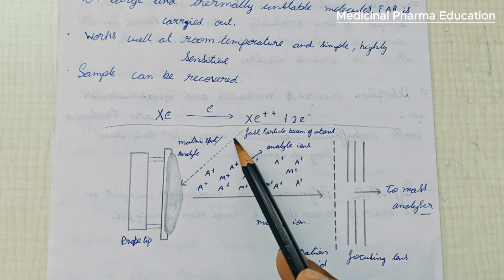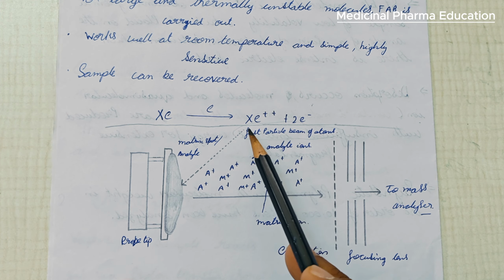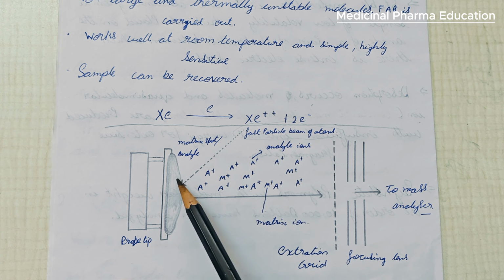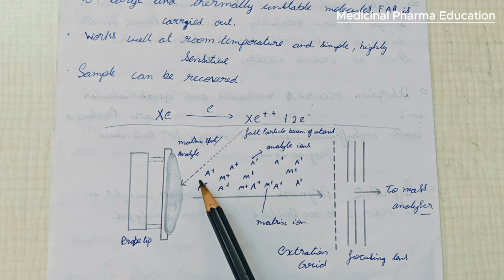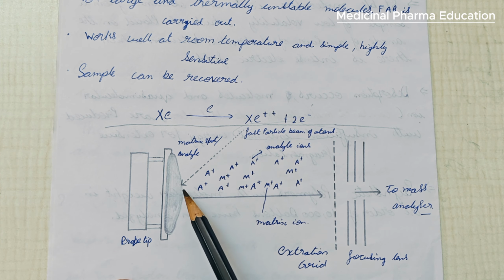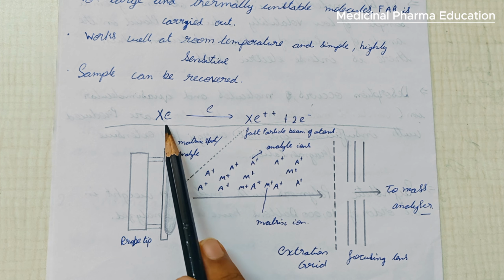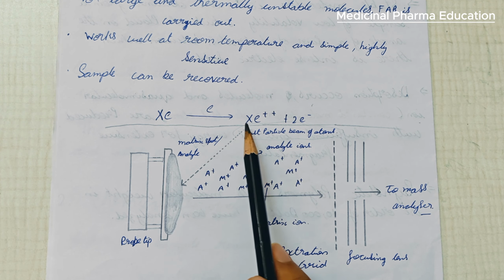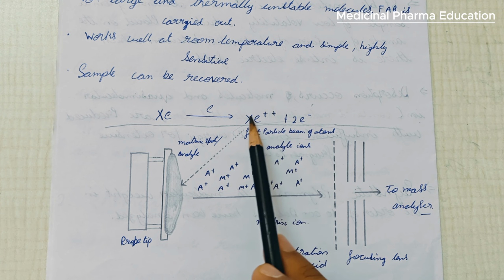When these inert atoms fall on the probe, they excite the molecules and make them react, and they take up electrons. See here, xenon plus electron gives rise to xenon plus plus, which is highly reactive.